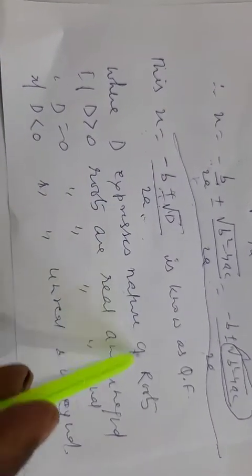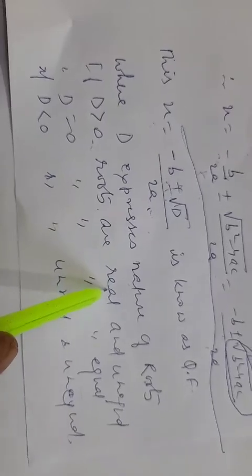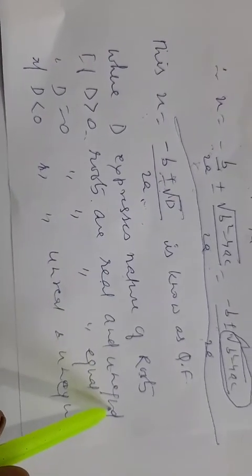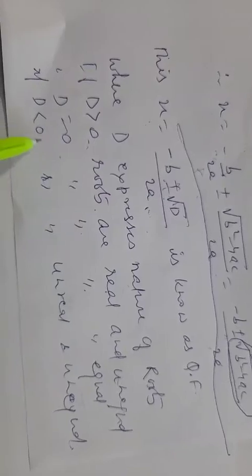This D represents the nature of roots. If D is greater than 0, then roots will be real and unequal. If D is equal to 0, then roots are real and equal. And if D is less than 0, then roots are unreal and unequal.